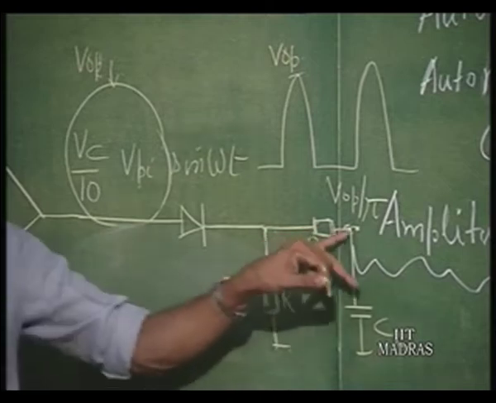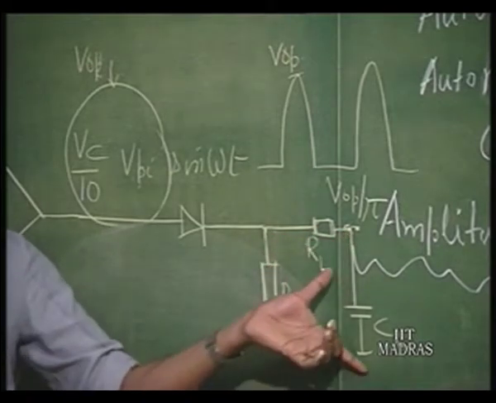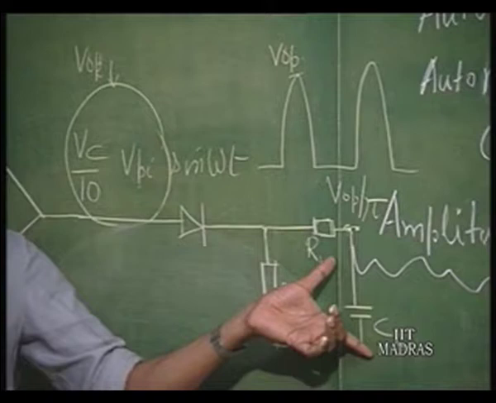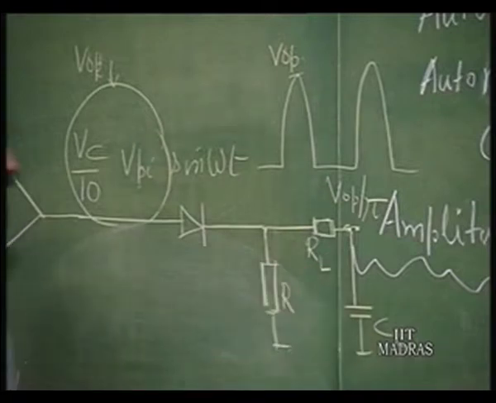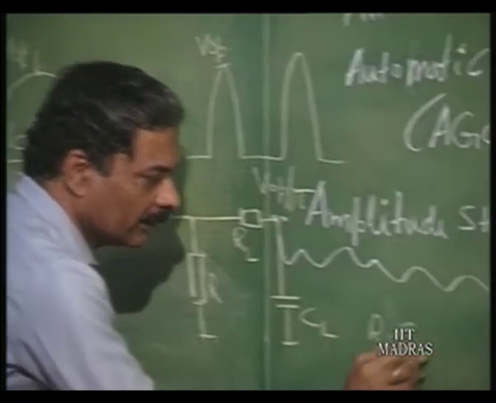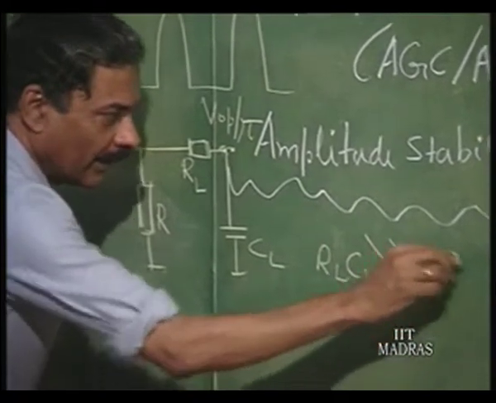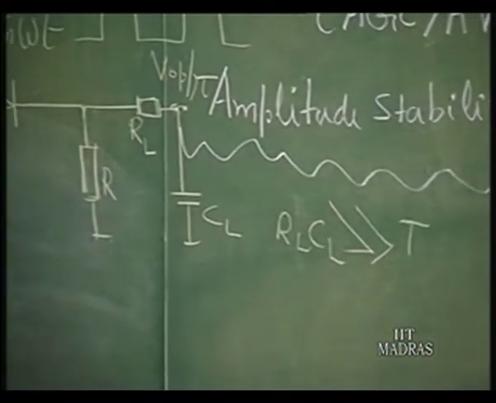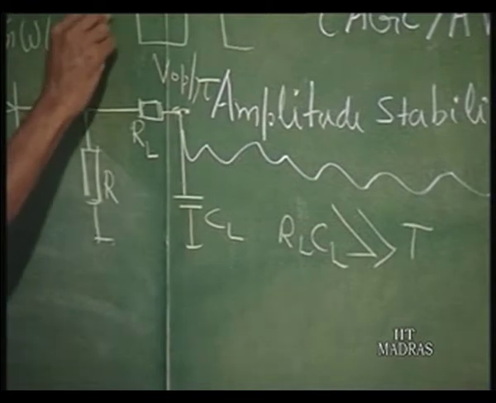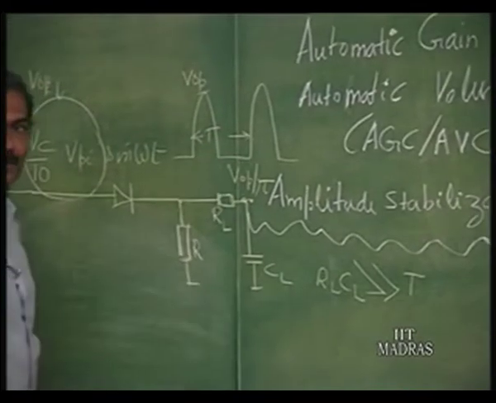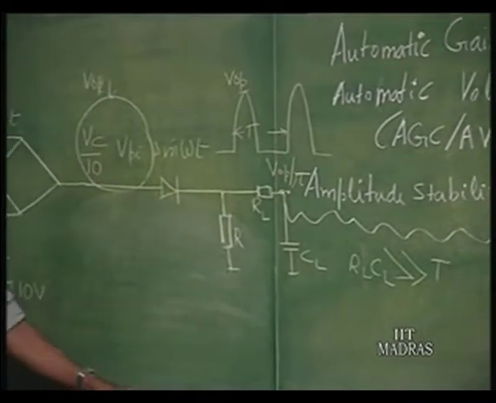If I put a sufficiently large value of capacitor, how do I fix up the RC time constant? This RL into CL should be much greater than the time period T. Time period T is the time period of this half wave rectified waveform.